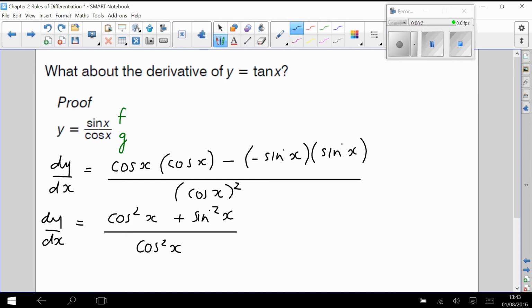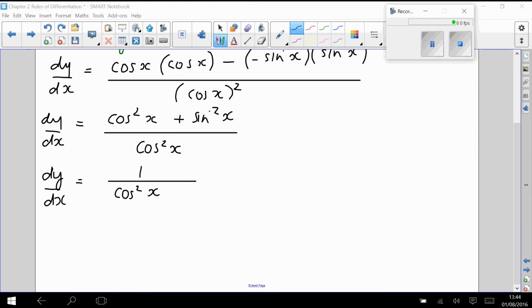Using our square identity, we know that cos squared x plus sine squared x is 1. And so I can write the derivative of tan of x as 1 over cos squared of x. Well, we know that cos squared x has got a reciprocal, and so instead of writing 1 over cos squared of x, I could have written the derivative of tan of x as sec squared of x.